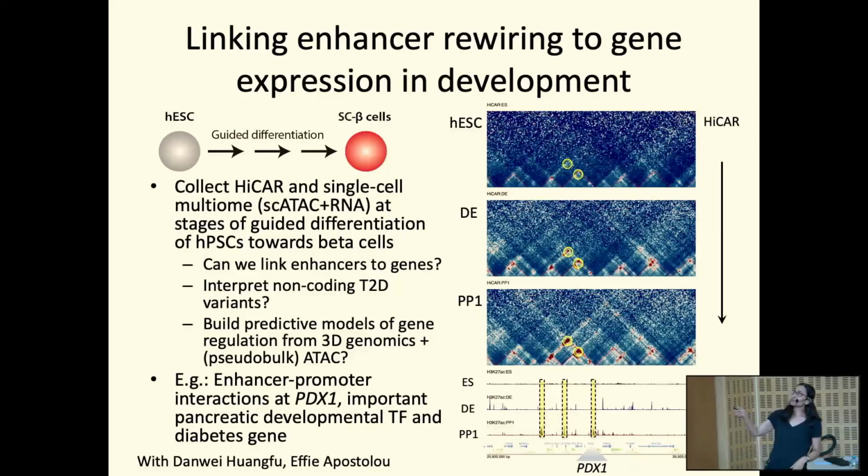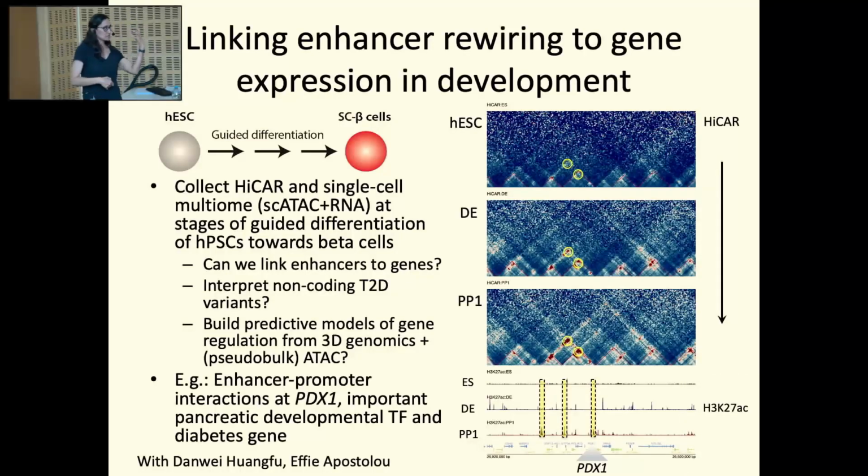I actually mentioned before this protocol that you can take pluripotent stem cells and, in a multi-step procedure, differentiate them in vitro into beta cells that secrete insulin. Okay, this is Doug Melton's procedure.